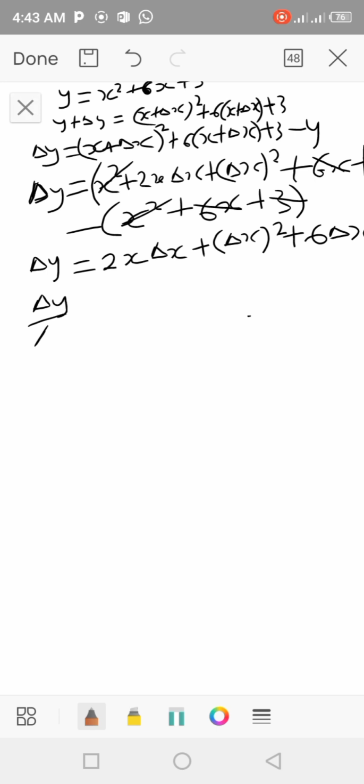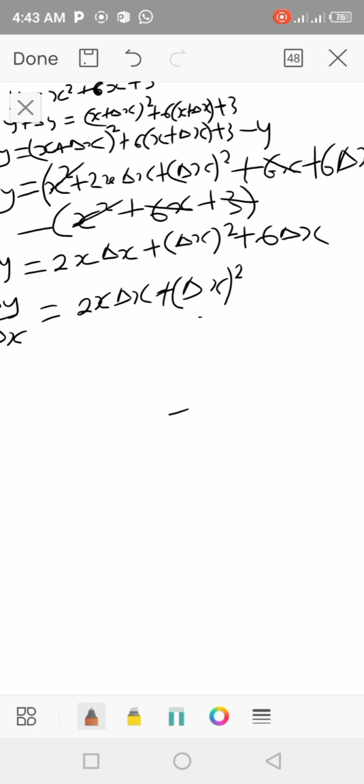Δy over Δx, which is equal to 2x Δx plus (Δx) squared plus 6 Δx, whole over Δx. So Δx cancels Δx all through the numerator.